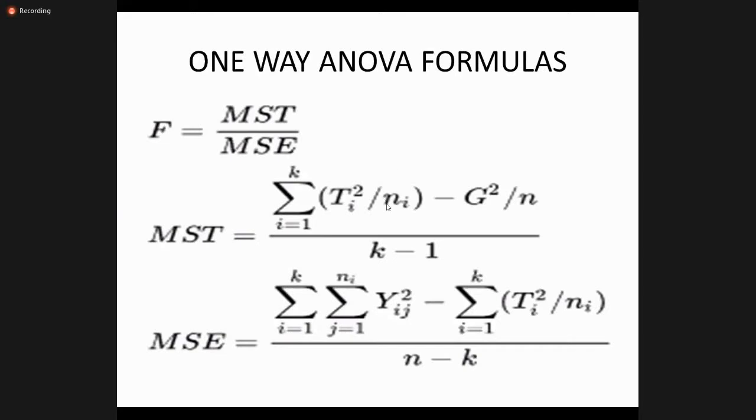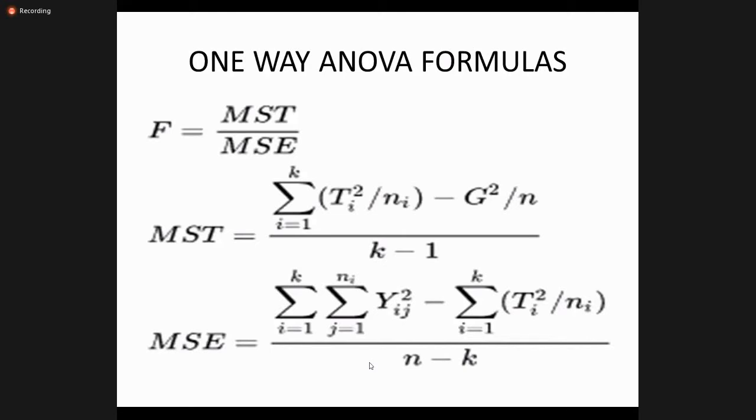This is the actual calculation. See, this is the F distribution, and these are the two groups: between groups and within groups. For that calculation, you have to solve this problem for between groups and within groups.